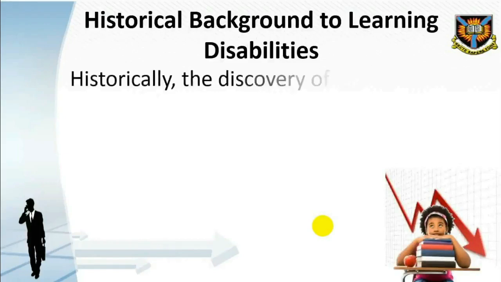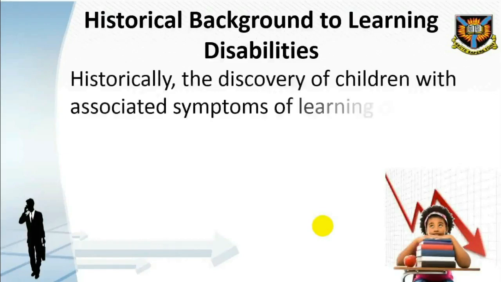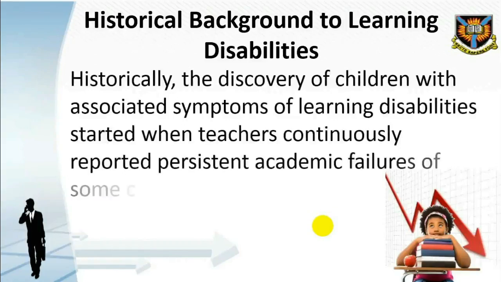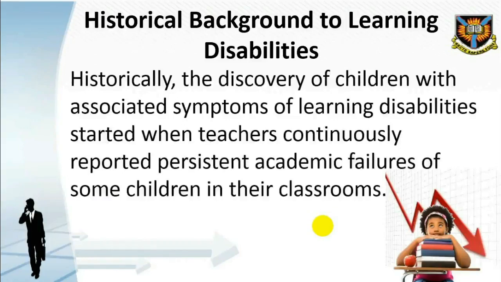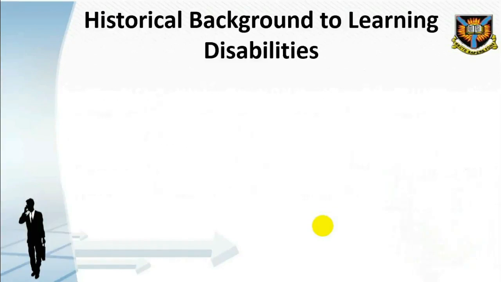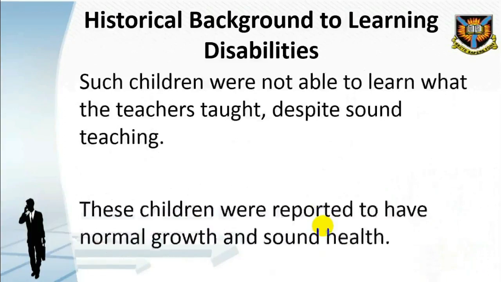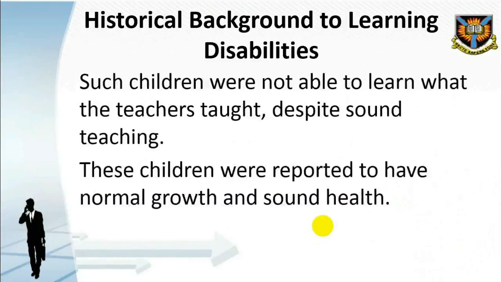Historically, the discovery of children with associated symptoms of learning disabilities started when teachers continuously reported persistent academic failures of some children in their classrooms. Such children were not able to learn what the teachers taught despite sound teaching.